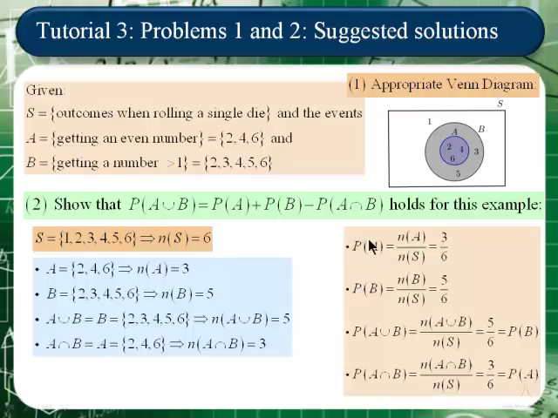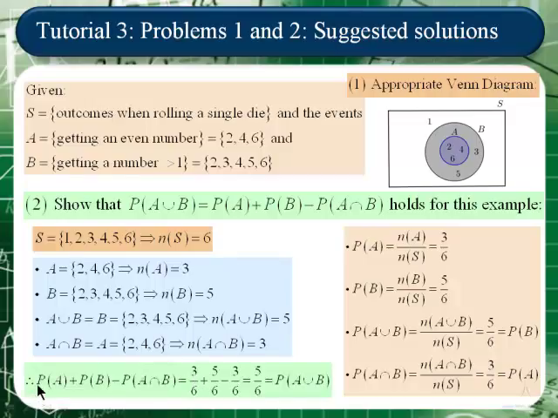And in this way we can determine the probabilities for each of these four events. The probability of A is clearly 3 over 6, probability of B 5 over 6, the probability of the union of the two events will be 5 over 6, and the probability of the intersection of the two events, which is the probability of A, like the previous one was the probability of B, is 3 over 6.